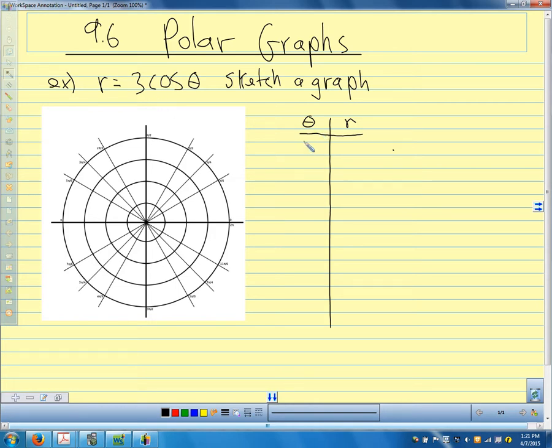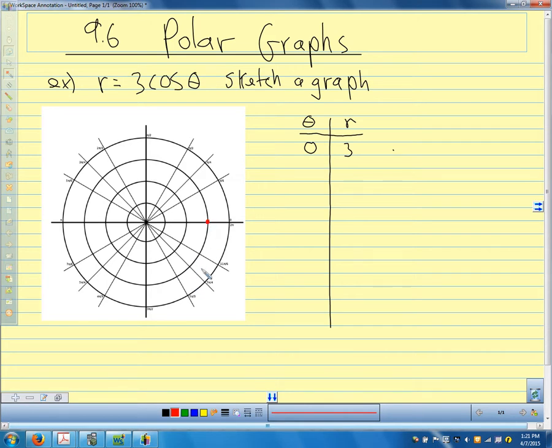I'll start when theta equals 0. If I plug in theta equals 0, I end up with r equals 3, since cosine of 0 is 1.